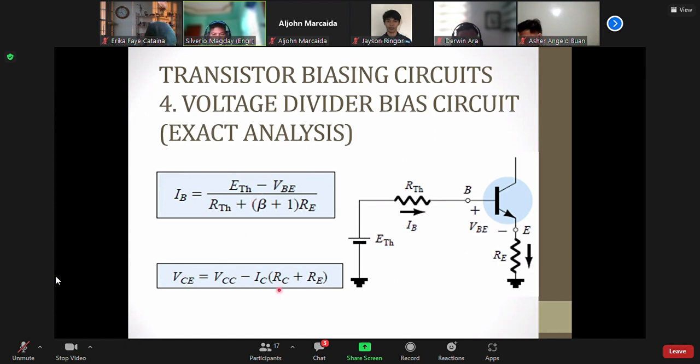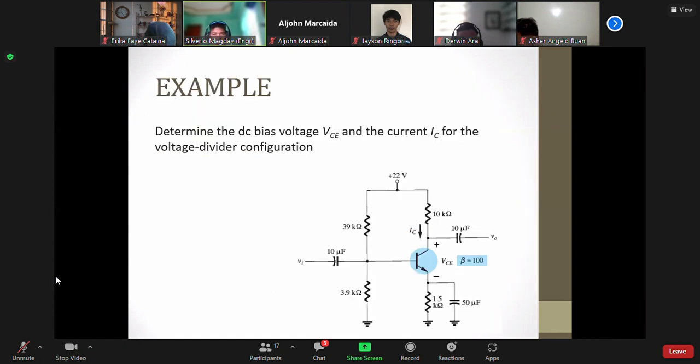So what is RTH, the parallel of 39 and 3.9? It is 39 times 3.9 over the sum of 39 and 3.9. Once you have solved that, get IB from the loop from the base to the emitter, and then your VCE is from the collector to the emitter loop.